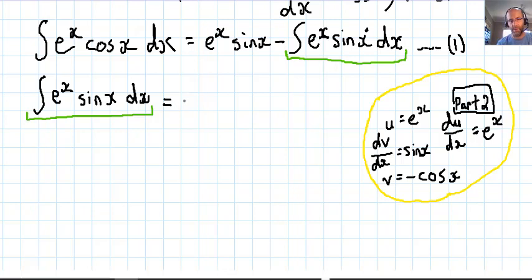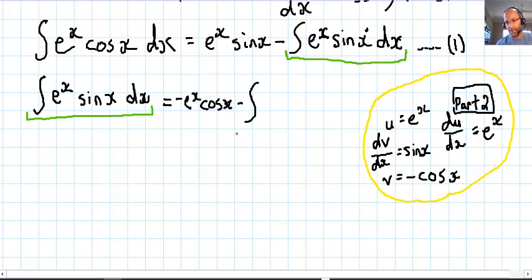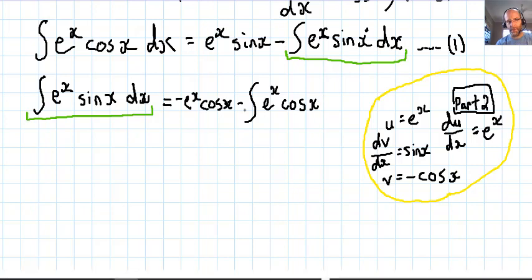So putting the results into the integration by parts rule, u times v would be e to the x times negative cos x, so we'll call that negative e to the x cos x, minus the integral of e to the x cos x, because that's v, v du dx, so that would be minus a negative there, so I'm going to change that to a plus.